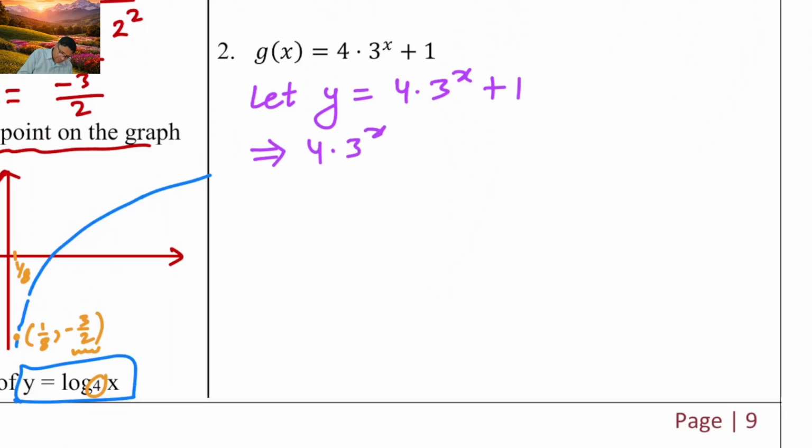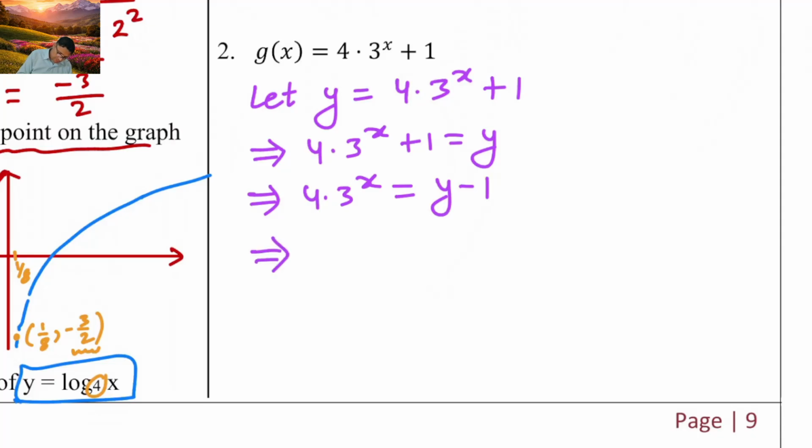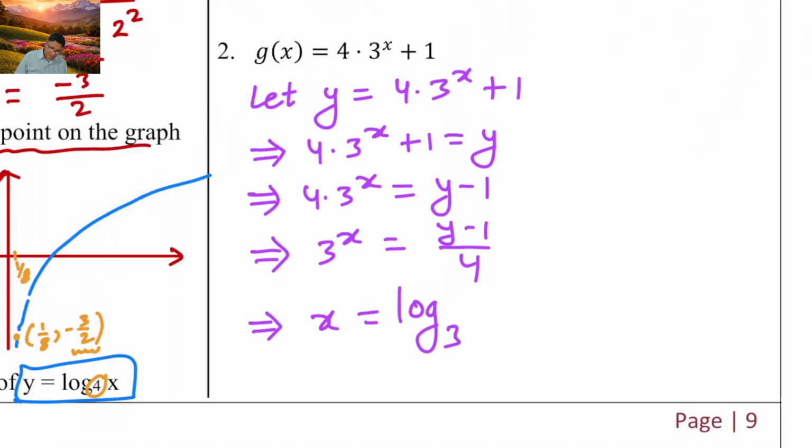Let me write that on the left: 4 times 3 to the x equals y, subtract 1 on the right side, divide by 4 both sides. So 3 to the x will be y minus 1 divided by 4. And we need x, right? Base is 3. So you apply the log with base 3.